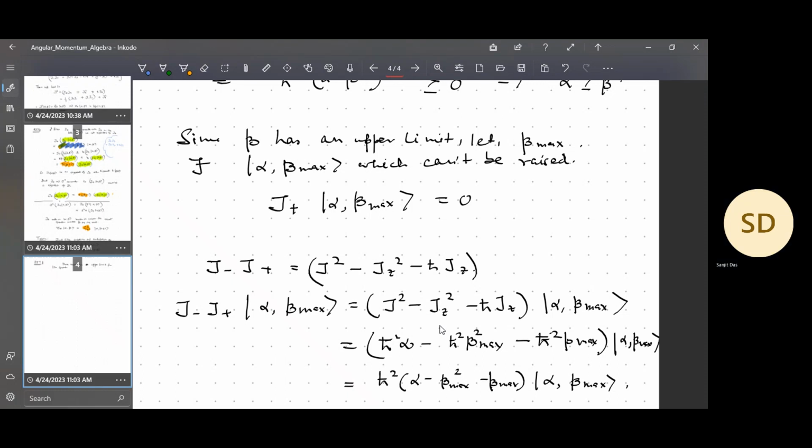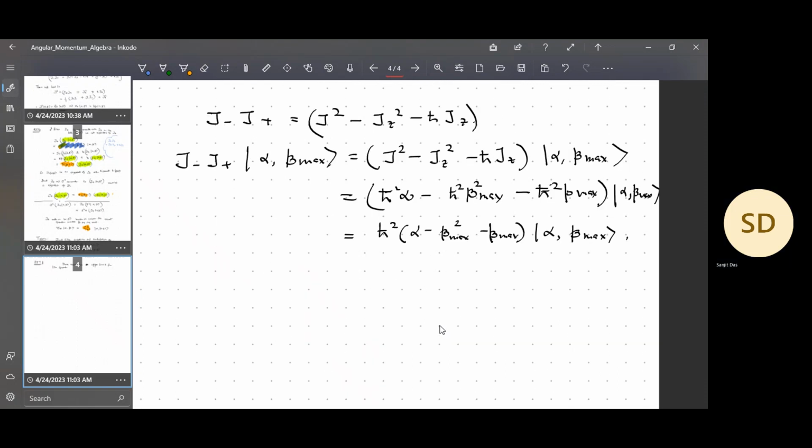Now Jz and J squared, they commute with each other. So J plus minus acting on this must be an eigenket of J squared. So let us write it down. But Jz and J squared commute.